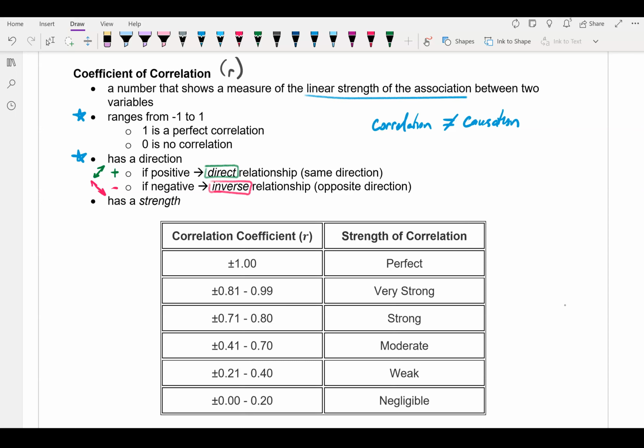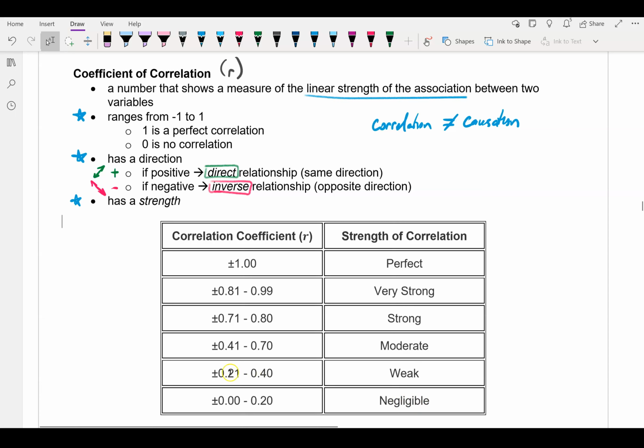But all you need to really know is that these are the ranges that tell us our strengths. So it has a strength, weak to perfect. So from 0 to 0.2, plus or minus, it's basically negligible. We can't say that there's really a correlation there at all.